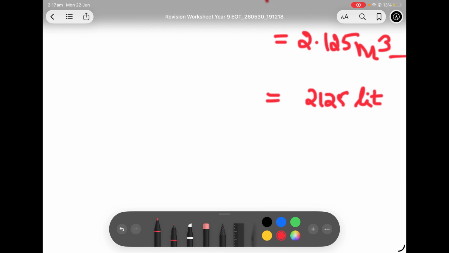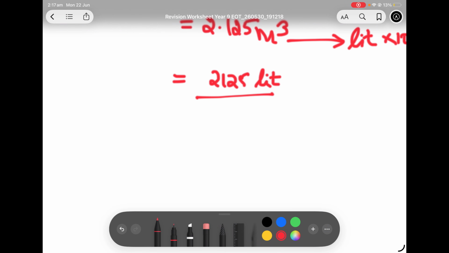So if I divide it by 15, because it is per minute, then I should get my answer.